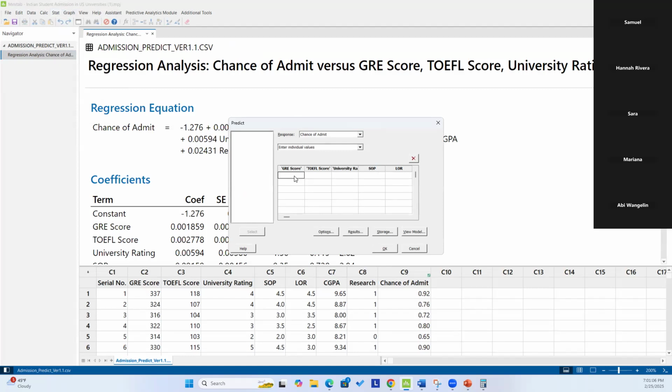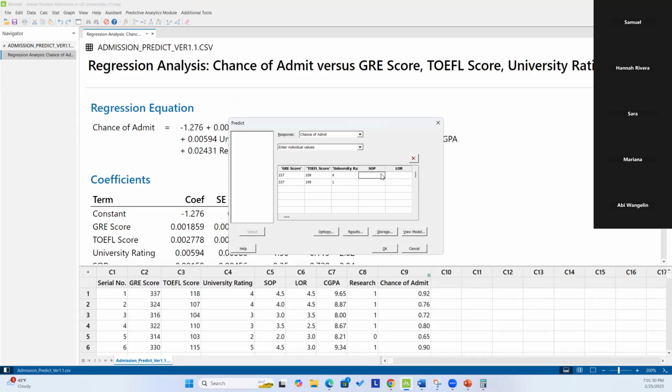Now let's take two scenarios, where all items are exactly the same, but one uses the maximum and one uses the minimum. So GRE, I'm just taking 337 for both students. TOEFL score, I'm just taking 109 for both. University rating, here I am taking 4, here I am taking 1, highest and lowest.